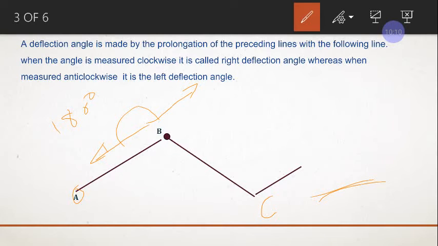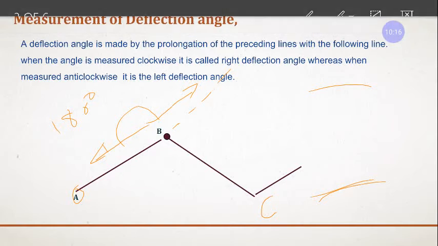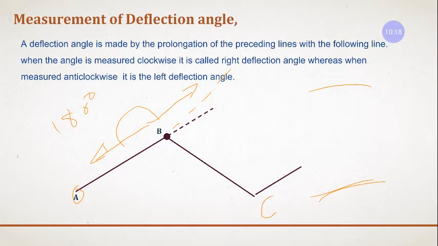Once you transit, your line of sight will be in this direction. Now once the telescope is in the opposite direction of the bisection point A, in the direction where point C is, you're going to turn the telescope.